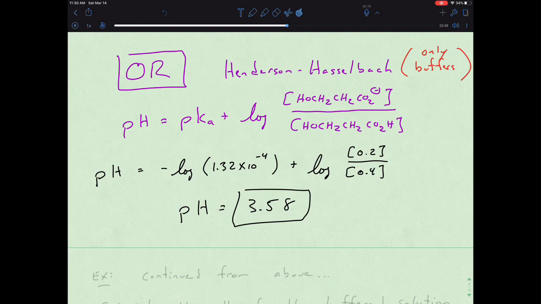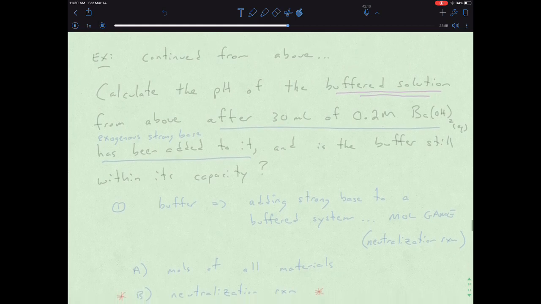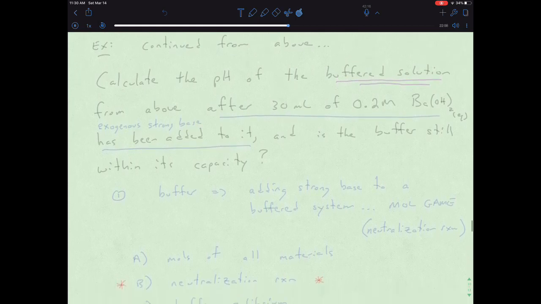Now let's look at a continuation of this example: what happens if we add strong base to this buffer? How do we now figure out the new pH that results? And can we determine whether we're still within the buffer's capacity to keep constant pH? So in this second example, which is continued from above, we're still using that same set of conditions.